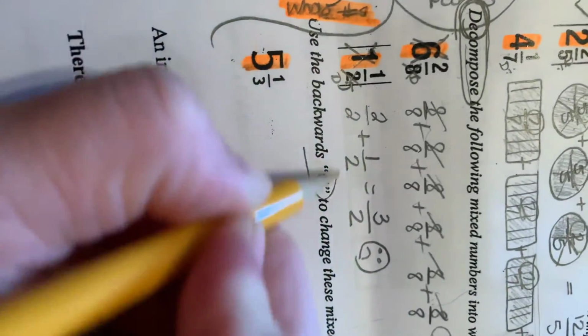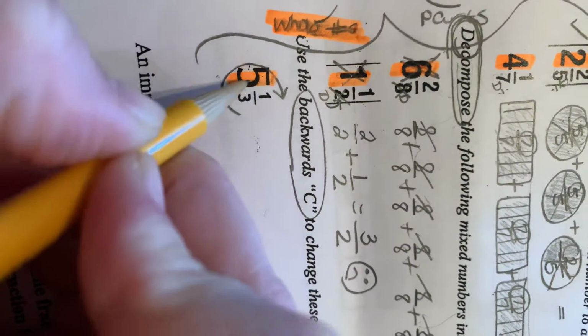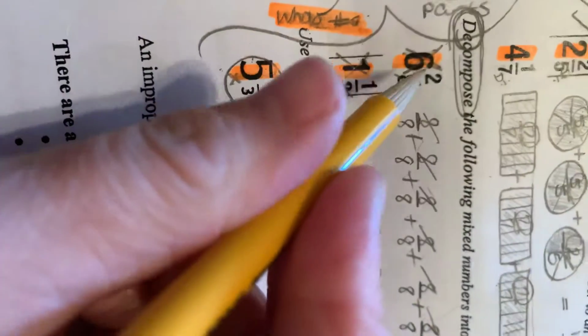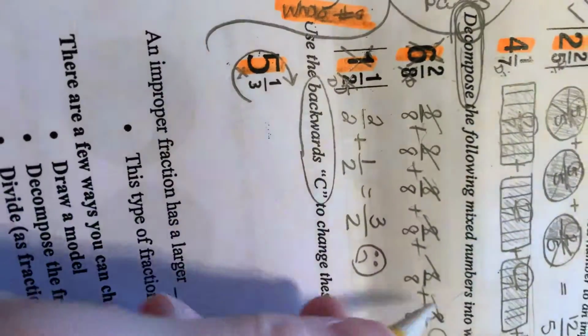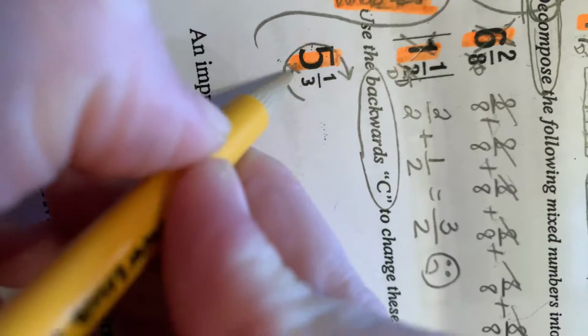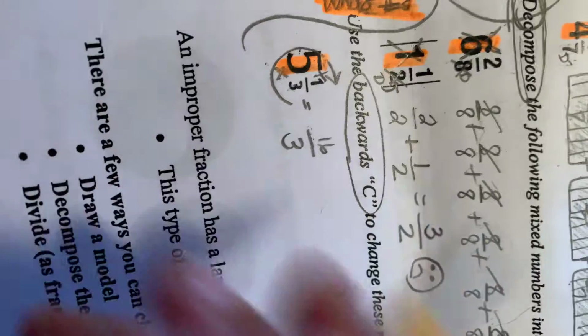All right, the last way, everyone's favorite way, is backward C. Which this makes a lot more sense if I work backwards. If y'all look, 5 means 5 groups of 3s. Kind of like this was 6 groups of 8s, or 1 group of 2s, or 4 groups of 7s, or 2 groups of 5s. Well, I need 5 groups of 3s, which is 15. You have 1 extra, 16 thirds. Bam. All right, so what do we have groups of over here?